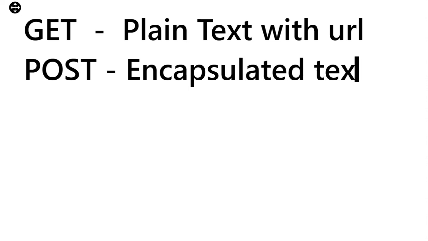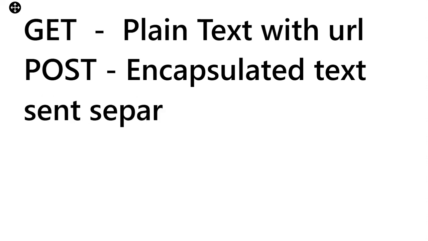In the GET method the data is sent in plain text with the URL. On the other hand, POST is something encapsulated, or you can say encapsulated text sent separately.